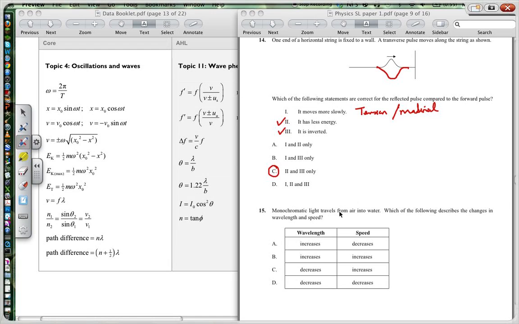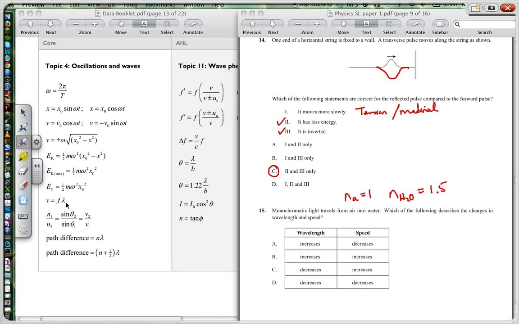Monochromatic light travels from air into water. Which of the following describes the changes in wavelength and speed? Okay, so when it goes from air to water, it actually slows down. The refractive index of air is equal to 1, and for water, H2O, I'm not quite sure exactly, but it's about 1.5.